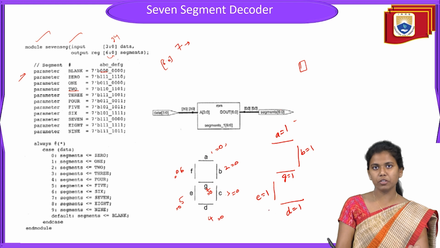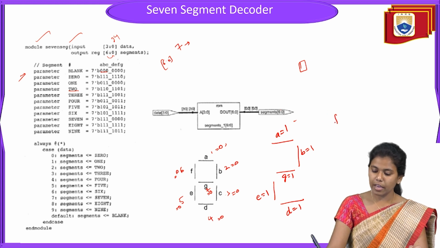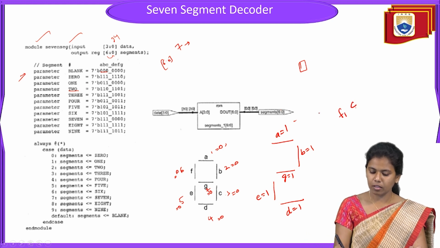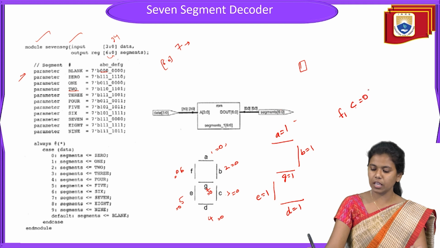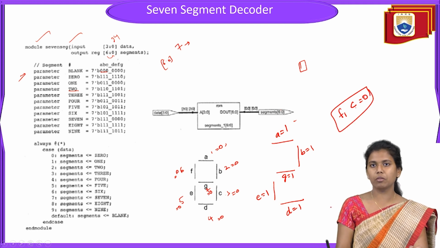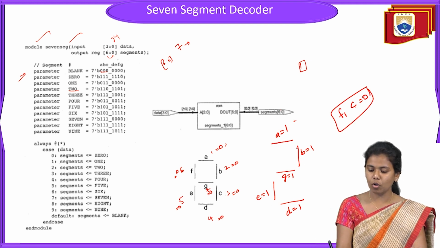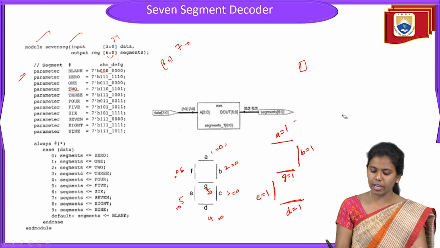So all these segments should become 1, except F and C. The rest should become 1, such that I can see only 2. F and C should become 0.